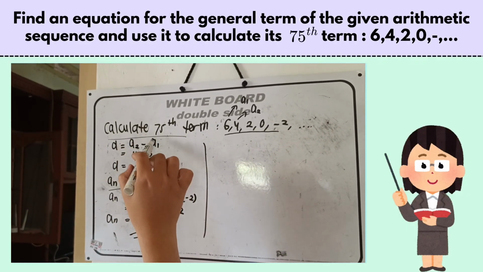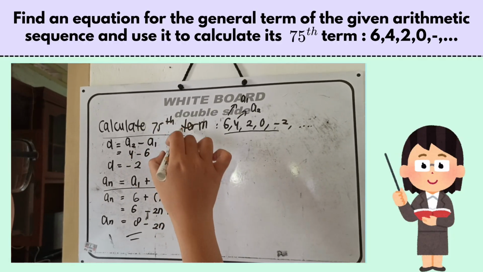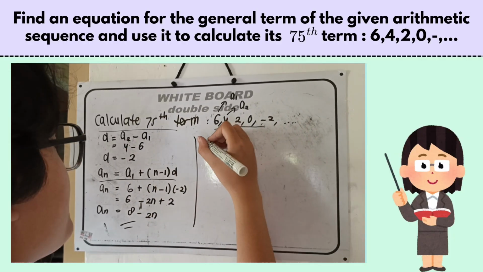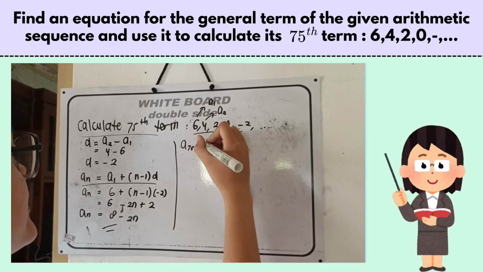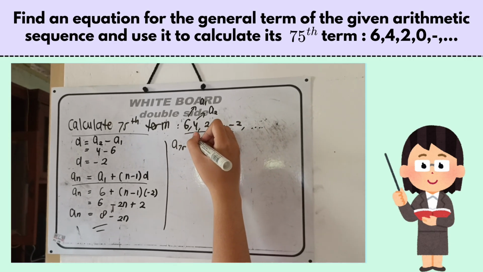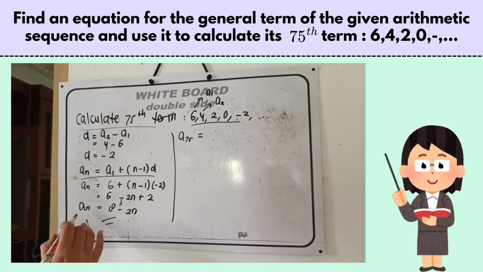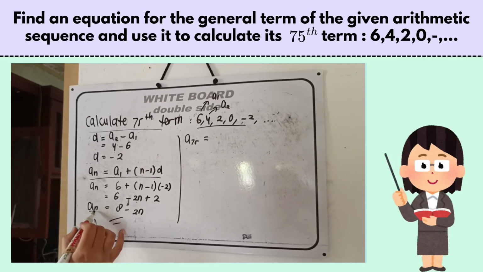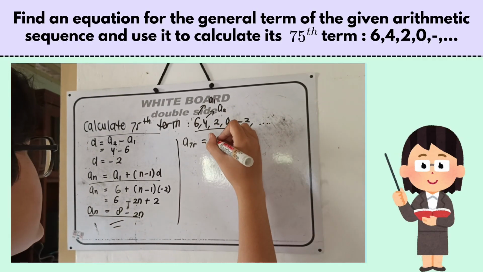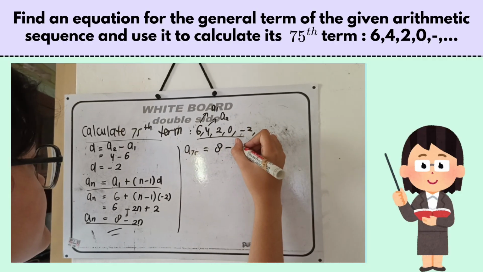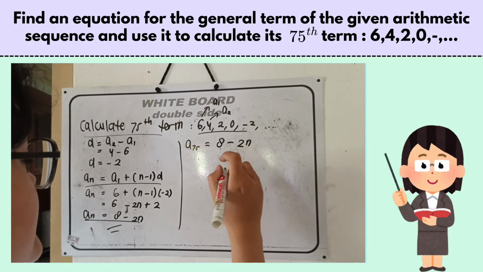We must calculate the 75th term. So we write a sub 75 equal, because we have this, we only write this, okay, in here, 8 minus 2n.